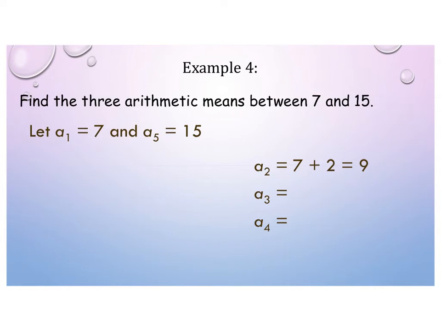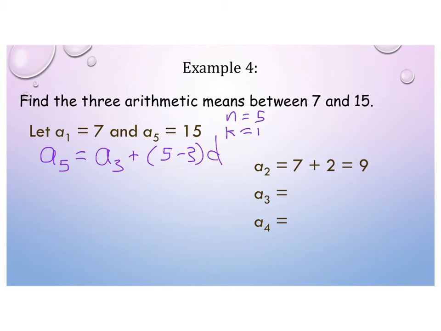Find three arithmetic means between 7 and 15. So 7 becomes my a sub 1 and 15 becomes my a sub 5. So we do our formula. The higher number is n, so n is 5, and my k term is going to be the 1. So I have a sub 5 is equal to a sub 3 plus 5 minus 3 d.